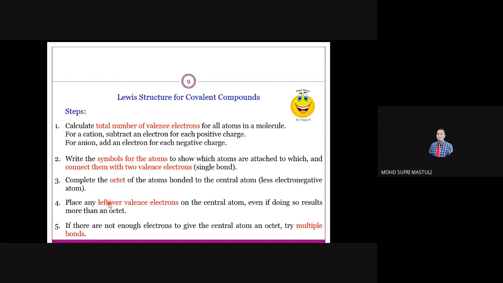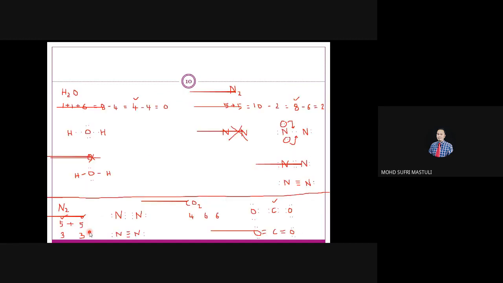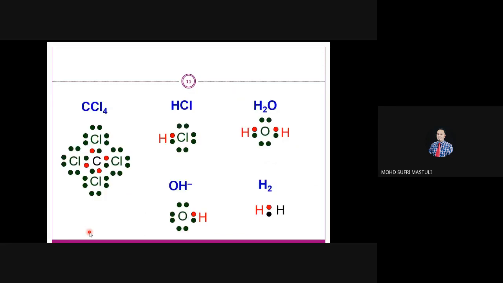And then wherever the leftover valence electrons are, you have to place them on the central atom. And then if you find the central atom does not have 8 valence electrons, you just try multiple bonding, the double or the triple. Okay.